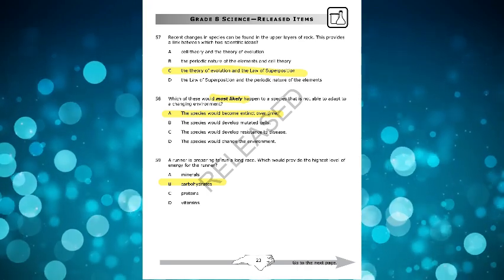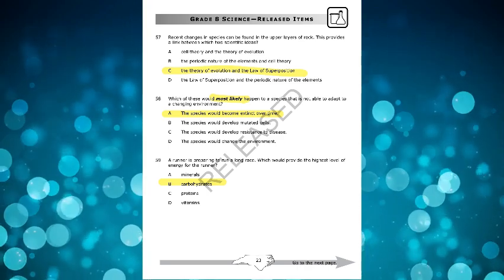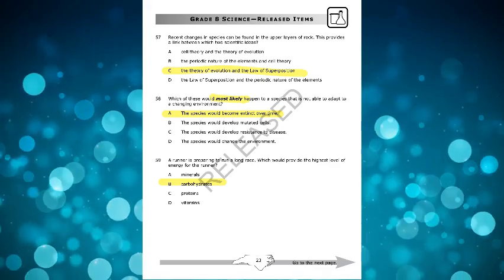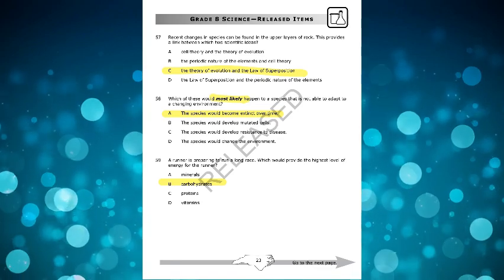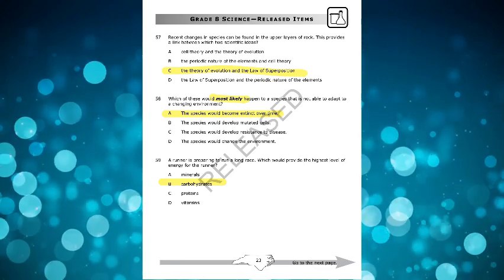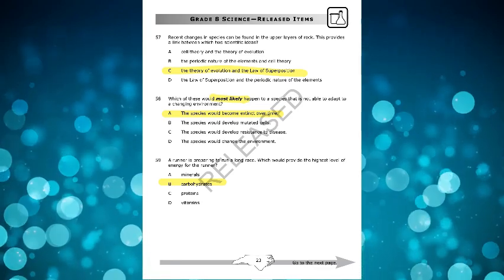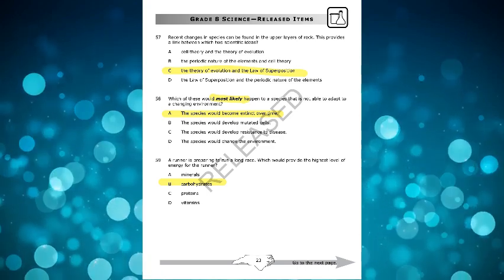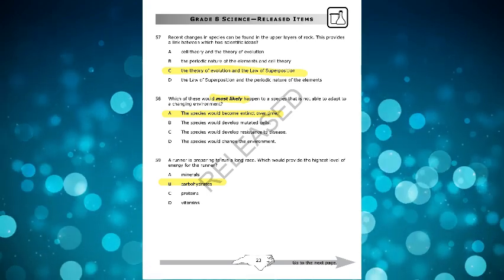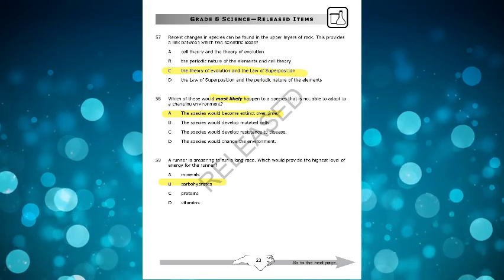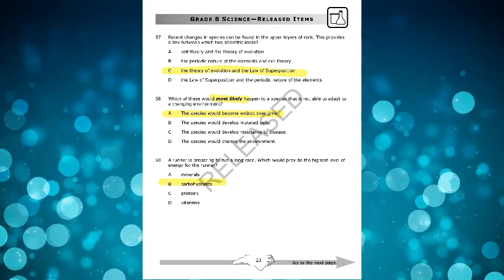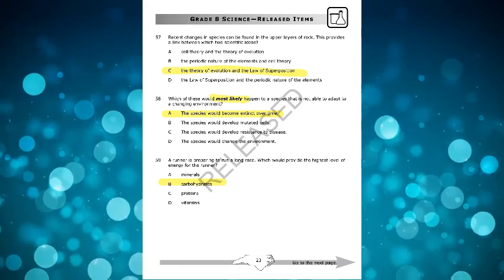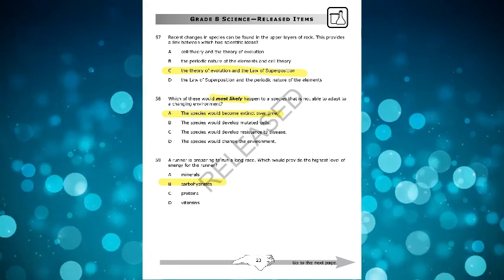And so then that kind of gives us C or D. And then we've got here the periodic nature of the elements is not a theory or law, but the theory of evolution definitely is. So C would be our best one there. Theory of evolution. If we're seeing that the species is changing, that definitely falls into the category of the theory of evolution. So the theory of evolution and the law of superposition would definitely work for the answer there.